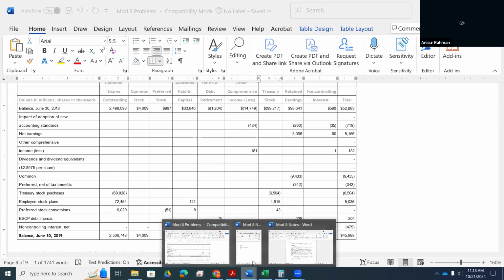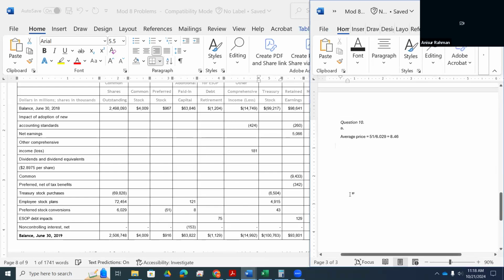So what I'm going to do for B, average price will be our 121 and 4,915. So I'll write down 4,915 plus 121, divided by number of shares.